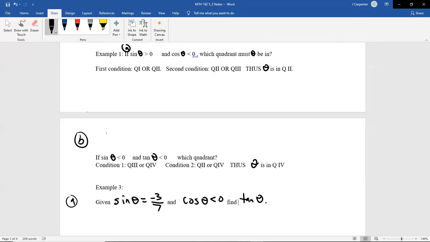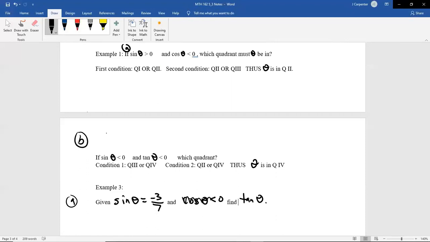So the sine of the angle is -3/7. This ratio of 3 to 7 is going to help us find the third missing side if we were to call this a right triangle. And then we'll be doing a tangent of that. But because we can be in any quadrant potentially, we now need to know whether these things are positive or negative, and we have to have two sign conditions to be able to pinpoint that.